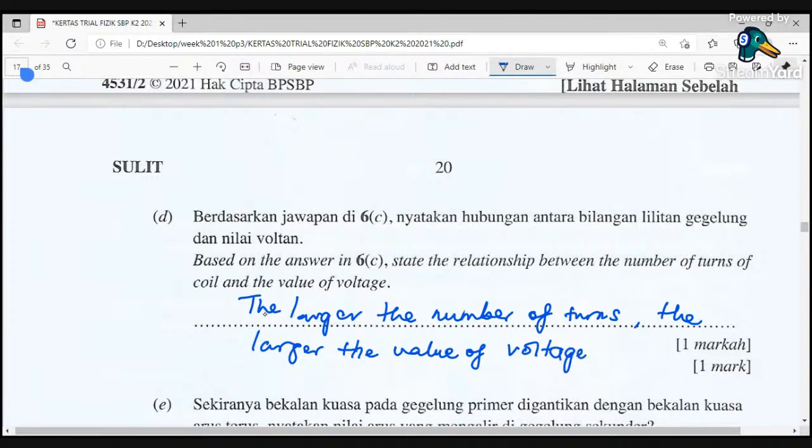Okay. Lagi banyak number of turns, lagi tinggi voltage dihasilkan.